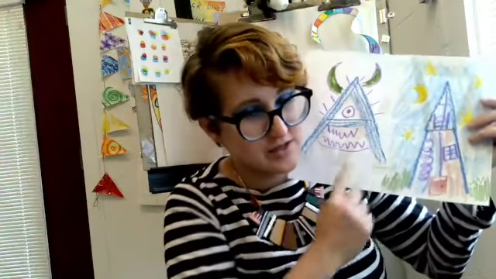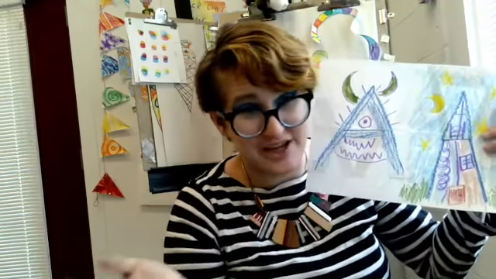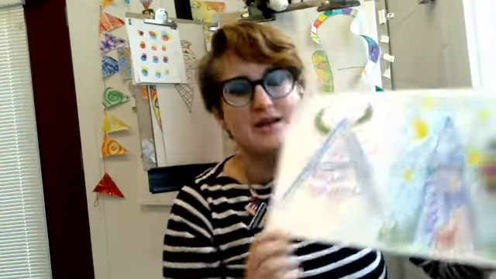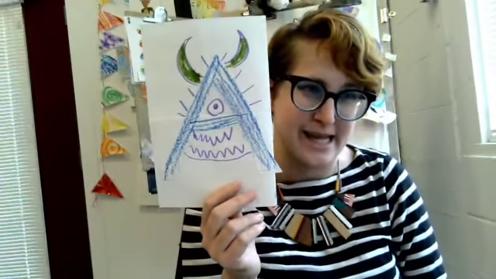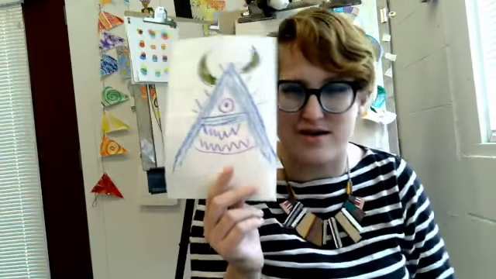Ta-da! Here are my two different interpretations of the letter transformation challenge, where I took the first letter of my name and transformed it. For this interpretation, I created a monster with big pointy teeth and one eye and horns.